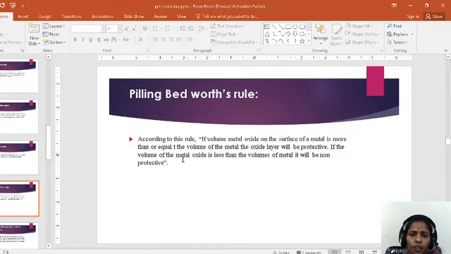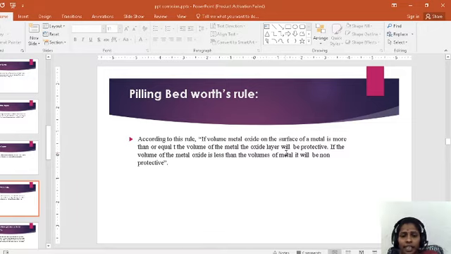According to this rule, if the volume of metal oxide on the surface of the metal is more than or equal to the volume of the metal, the oxide layer will be protective. So what we are saying here is, if the metal oxide layer volume is more than the metal volume, that means the layer size is more than the metal size.